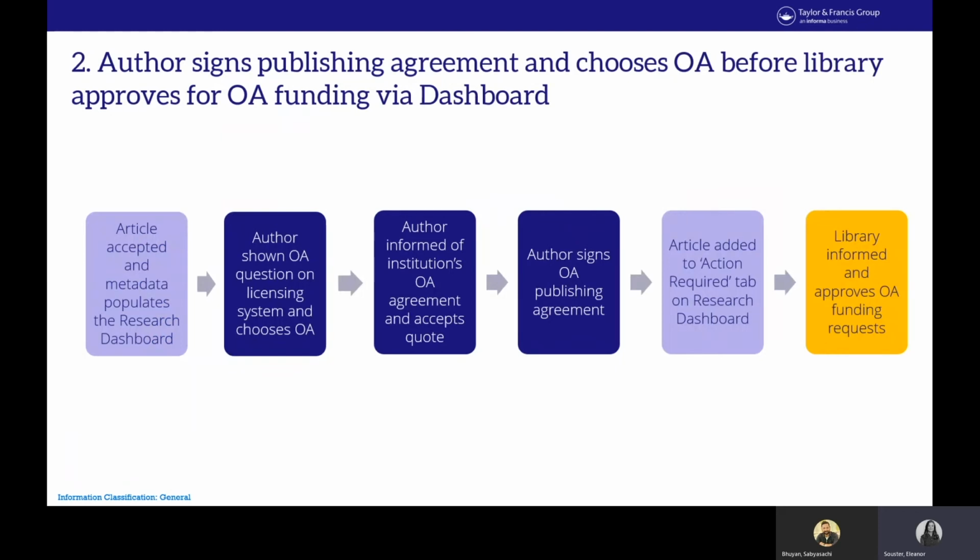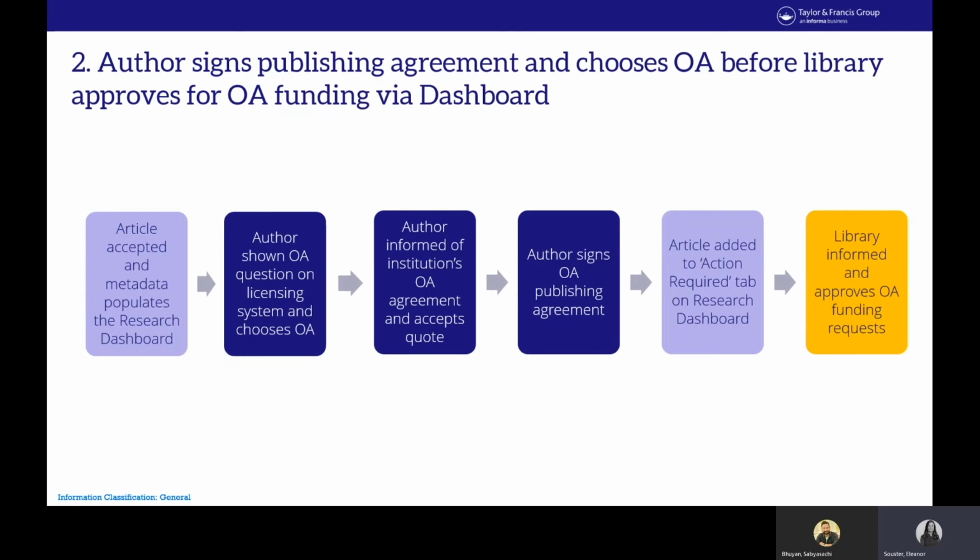If the author publishing agreement has reached the author and they start making progress on signing that agreement, they will then have the option whether or not to publish open access. They are informed of the agreement, they then choose open access, sign the OA publishing agreement, and the article ends up in the action required tab on the research dashboard.